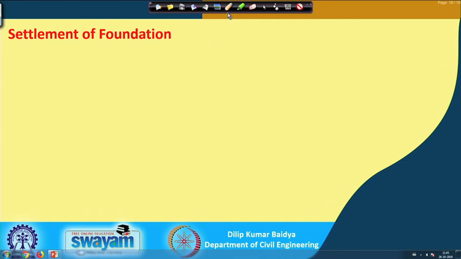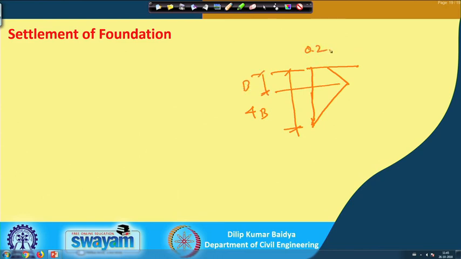So, the initial model was something like this. This is the model. This depth, if it is a strip, will be 4b, and similarly this will be b, and this will be your 0.2 considering strip, and this is actually I epsilon max.